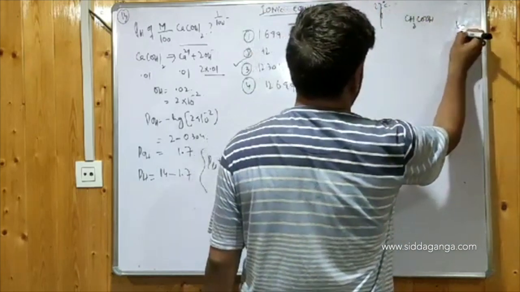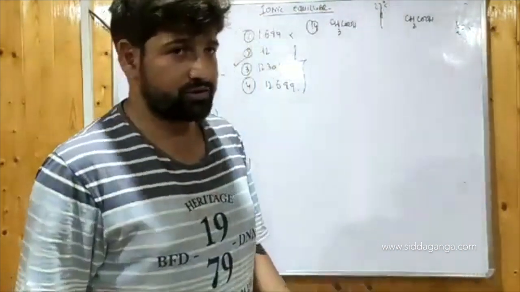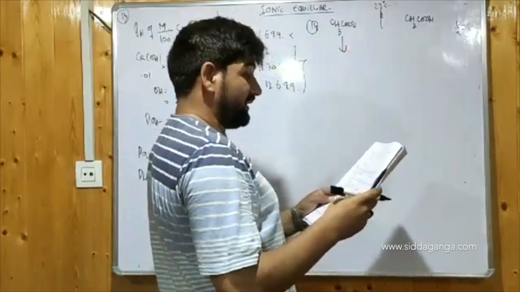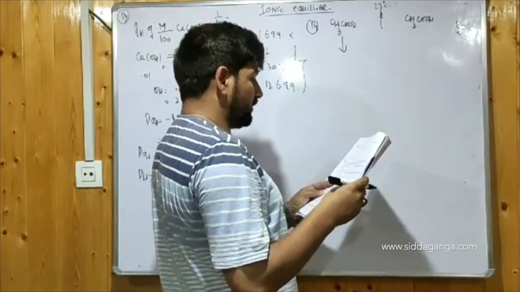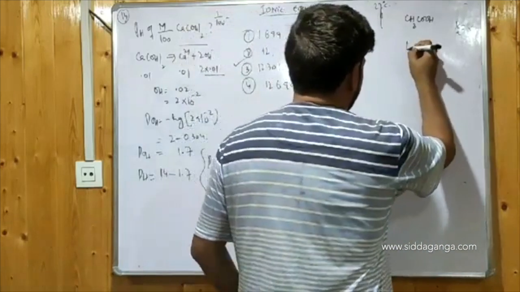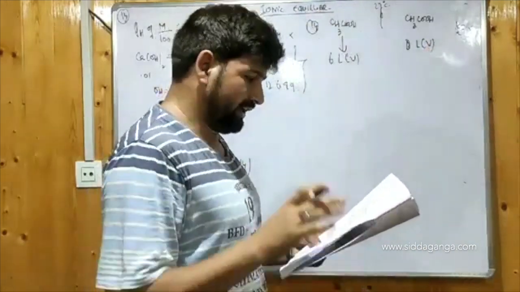So remember, the equilibrium constant, that is the dissociation constant, is not going to change. It will remain constant. Now this one is put in a vessel which contains water of how much? This contains 6 liter volume capacity and this contains 12 liter volume capacity. Okay, good. Temperature same.